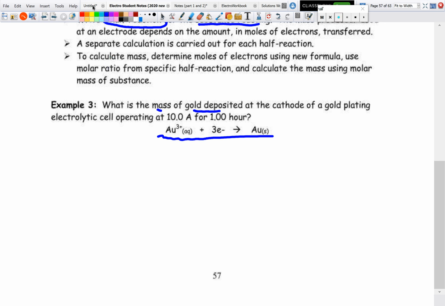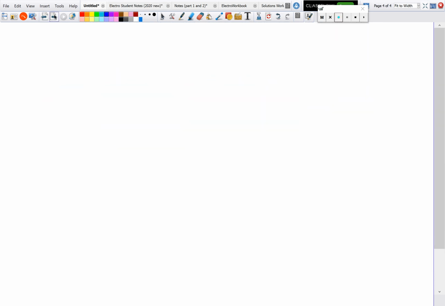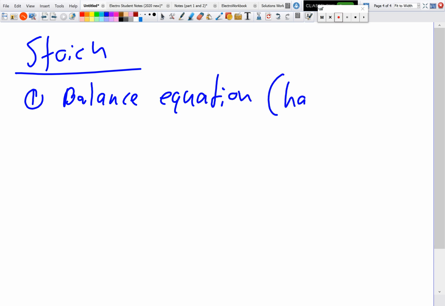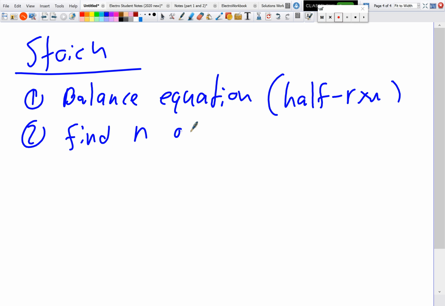If you remember the steps for all stoichiometry problems, step 1 is our balanced equation. In this case it's going to be the half reaction. Step 2 is always find the number of moles of our given substance.